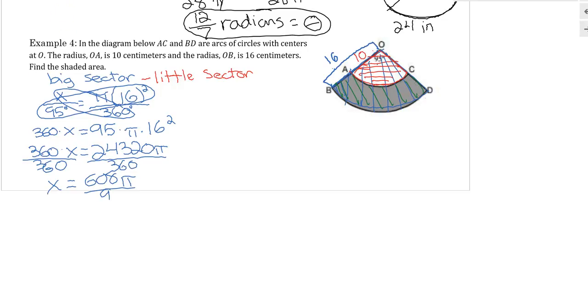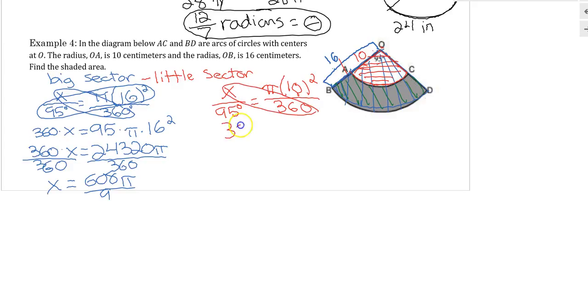Now I have to do the same thing for my little sector. So I'm just setting up another area problem. Again, x over, if I look at my little sector, the angle is still 95 degrees, equals the area, if I had a whole circle here, pi times 10 squared over 360. So the only thing that's changed is I have a different radius.